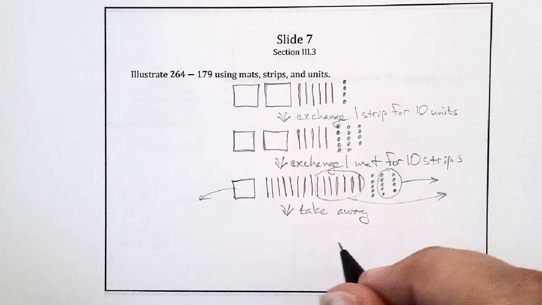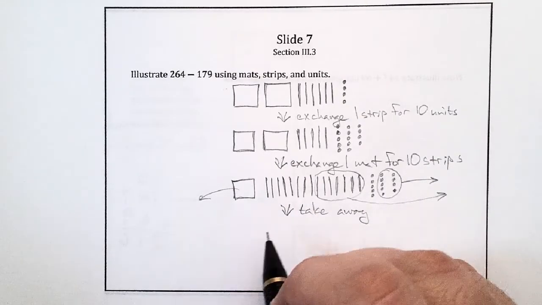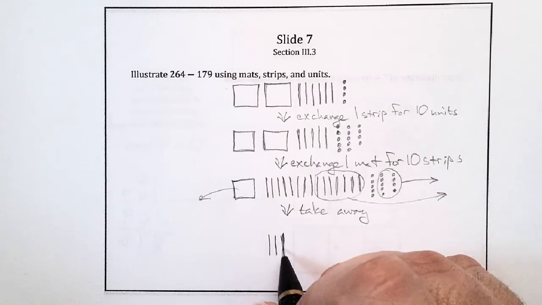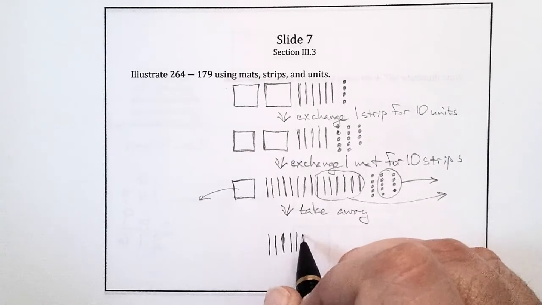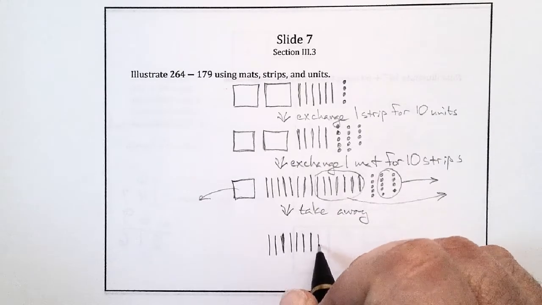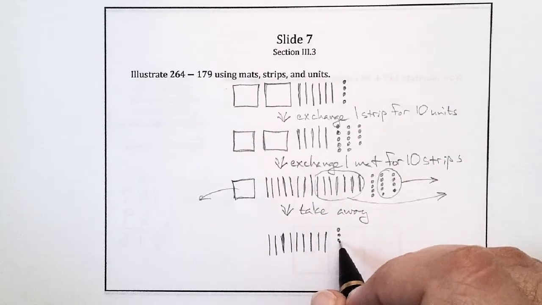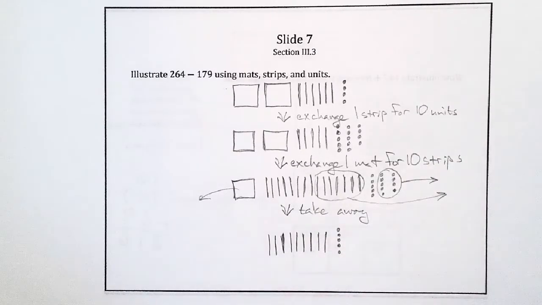And that leaves me with 8 strips and 5 units.